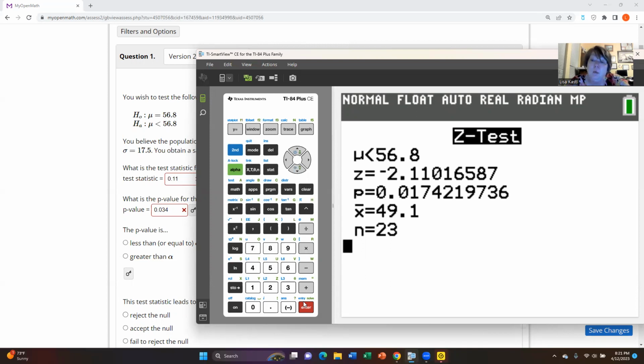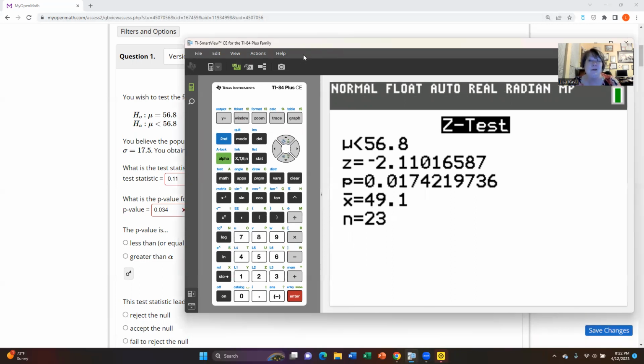Now, what decision do I make? Well, I'm going to compare the p-value, 0.02, let's just round it off for the sake of discussion. I think they're asking for 3 decimal places in the answer in my open math, so you'll want to do that.